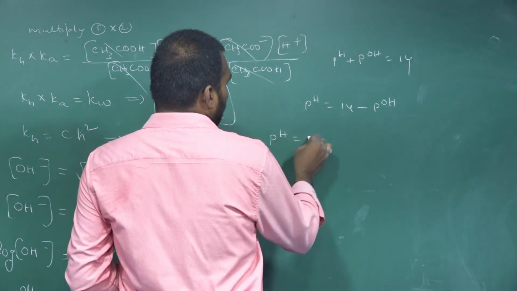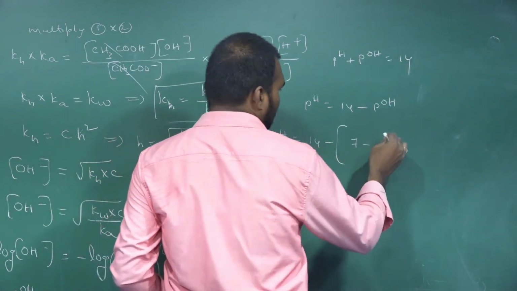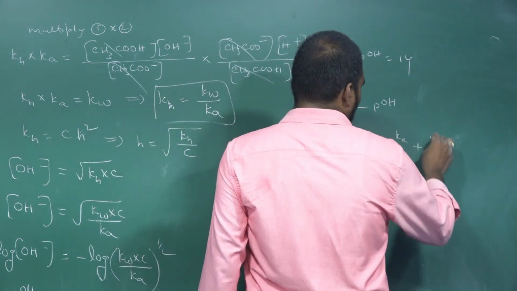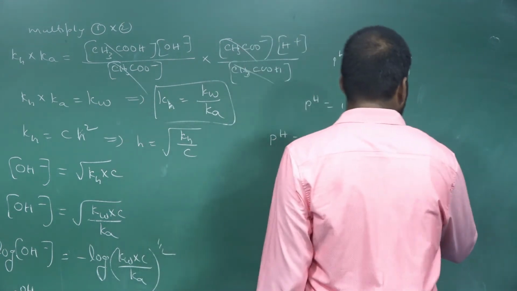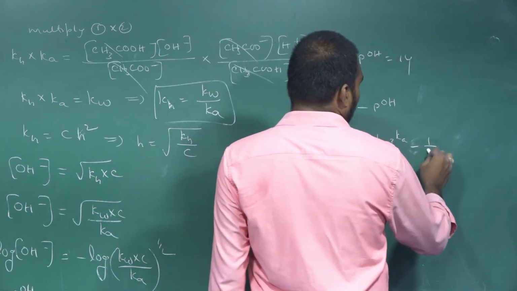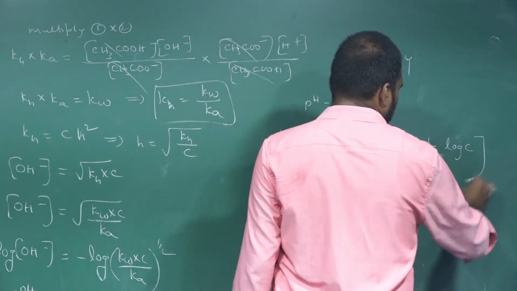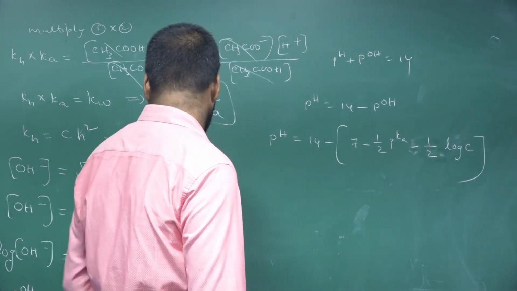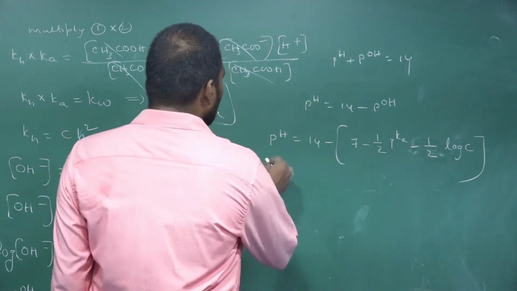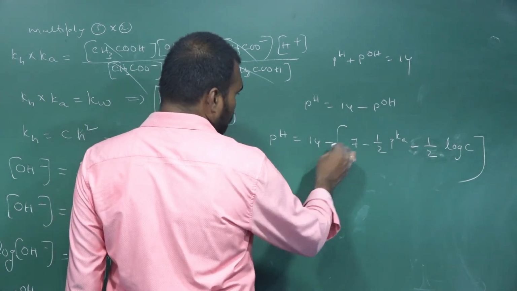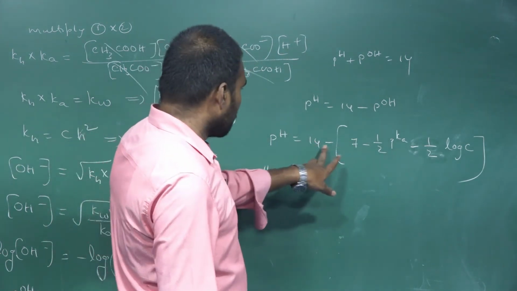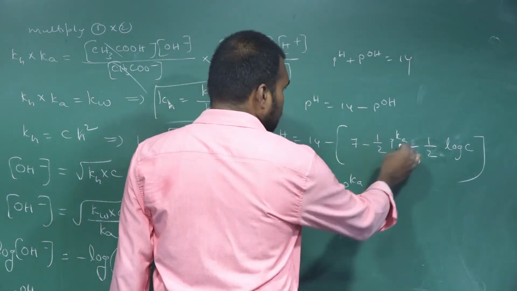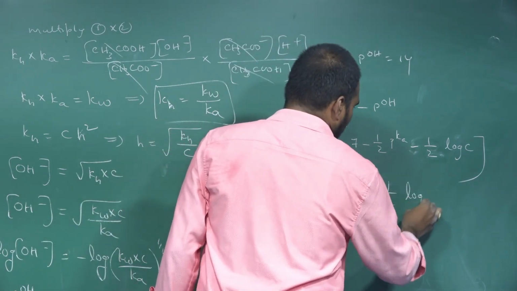Then pH is equal to 14 minus 7 minus half pKa plus half log C. Then pH is equal to 14 minus 7, minus into minus plus half pKa, minus into minus plus half log C.